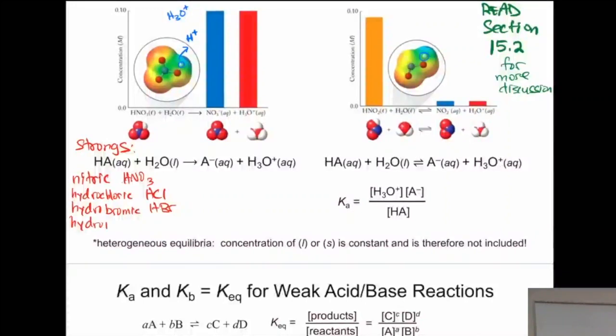There's hydroiodic acid, which is HI. So basically, the halogens, right? Except not hydrogen fluoride. That one's weak. So maybe if there's time, I might go into that a little bit, okay?